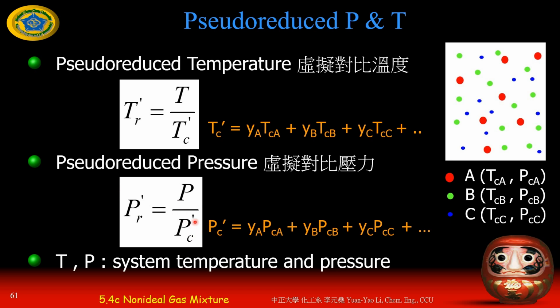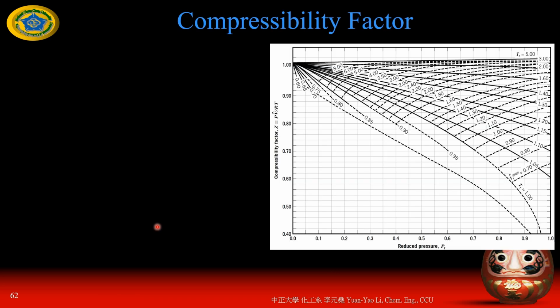And you know this PC prime is this one, TC prime is this one. So once you get TR prime and PR prime, you go to the compressibility chart. Remember PR is here, TR is here. And now you can use PR prime to represent PR, TR prime to represent TR. So you use the same chart to get ZM.